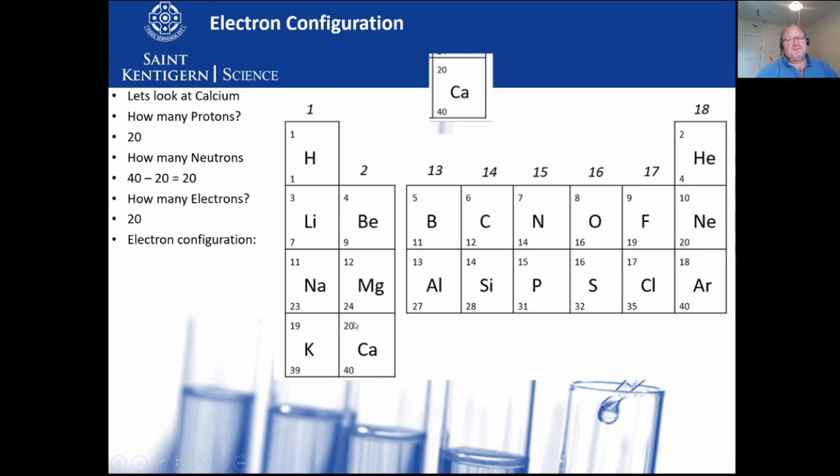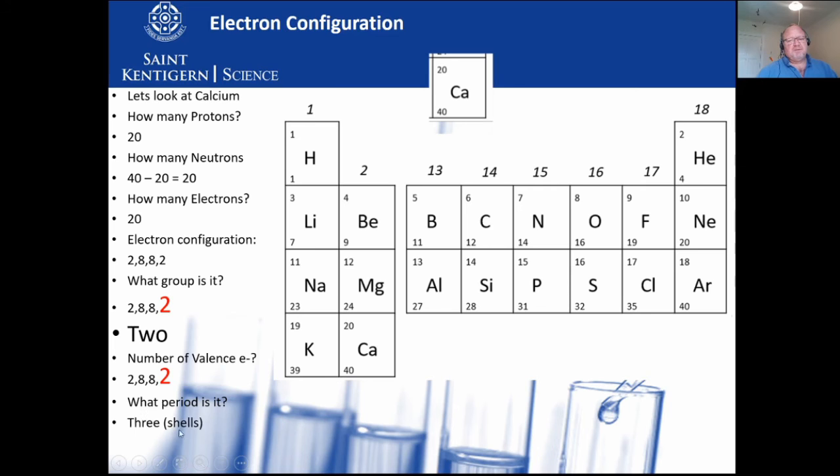That means 2. 2, 8, 8, 2. And we know that there's 2 in the valence shell because calcium sits in group 2. Okay, so it's in group 2, there's 2 electrons. And what period is it? It's 1, 2, 3, 4 shells. Ooh, I made a mistake there, sorry.